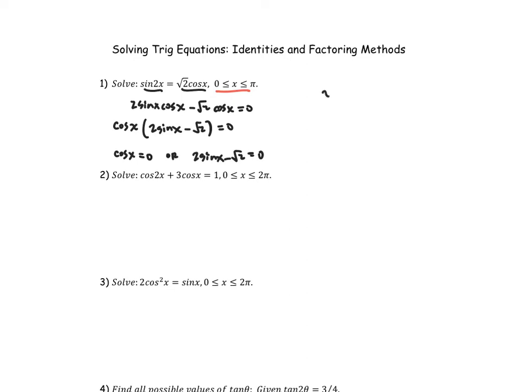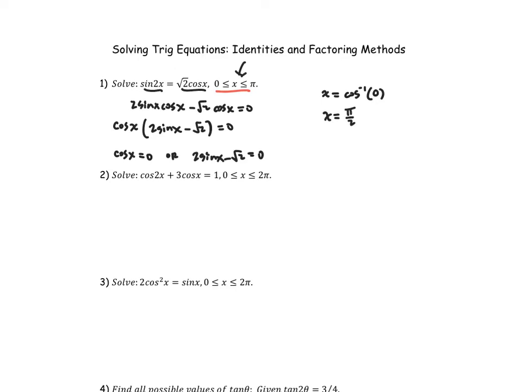Well, those will yield answers. Cosine x equals 0 means that we're looking for the angle such that the cosine is 0. The only place that that would happen in the restrictions for cosine and in the restrictions here, 0 to pi, would be at pi over 2.